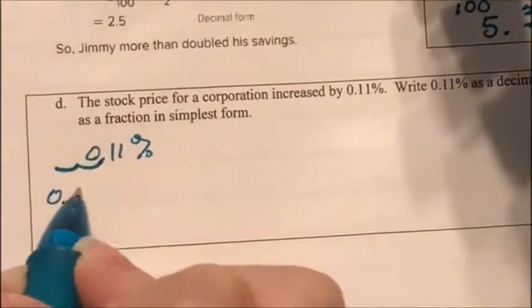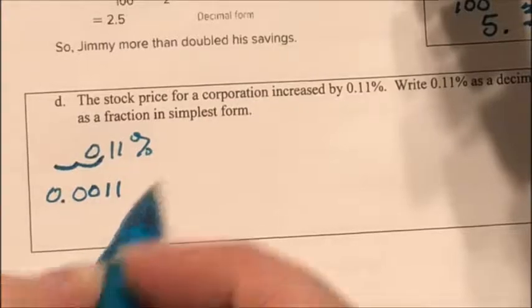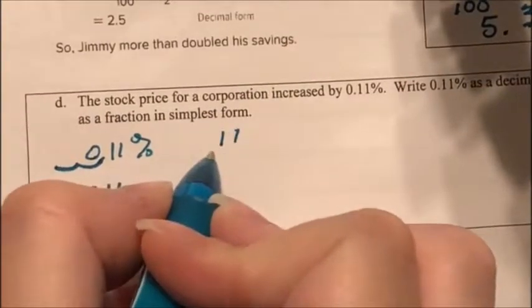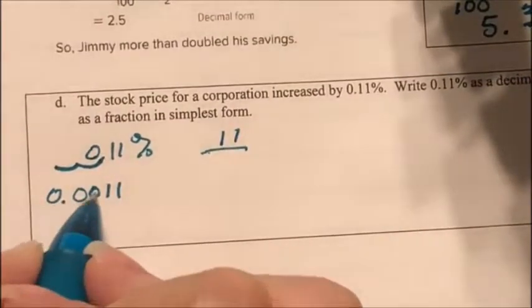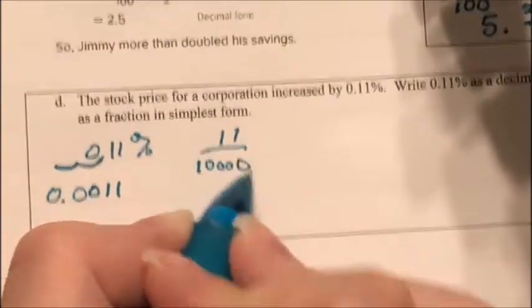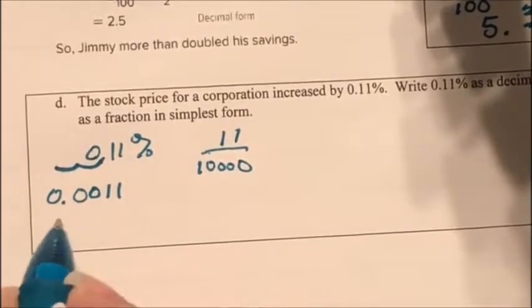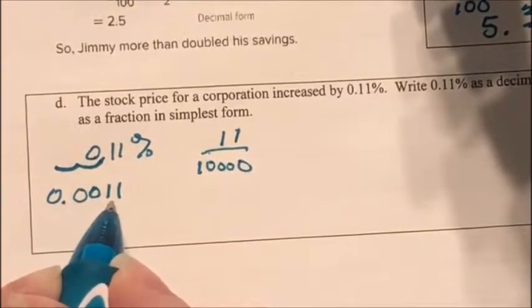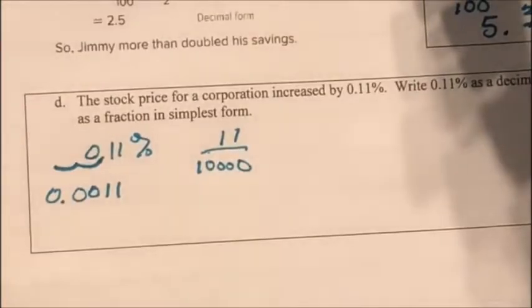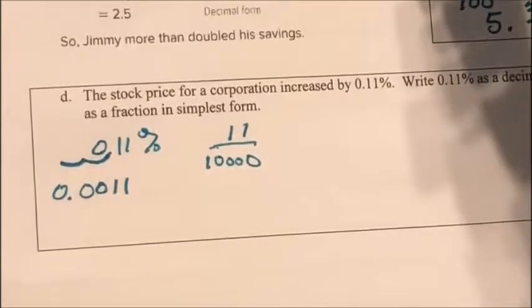So that means 0.0011 is the decimal, and then I can write 11 over, there's 1, 2, 3, 4 zeros, so 11 over 10,000. So 0.0011 and 11 over 10,000.